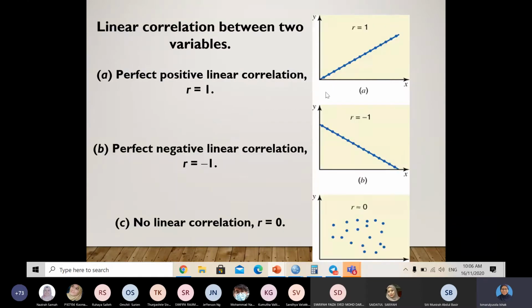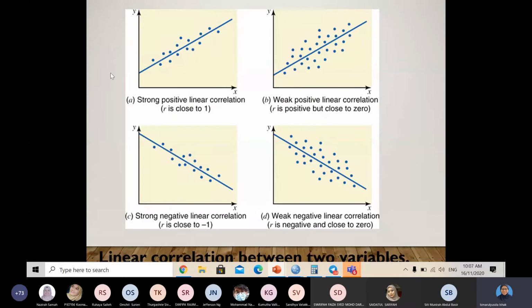This is perfect positive linear correlation, R equals 1. This is perfect negative linear correlation, R equals -1. R equals 0 means no linear correlation. Maybe in your master's or PhD research, your data will look like this. This is strong positive linear correlation. This is weak; the line should be more vertical.